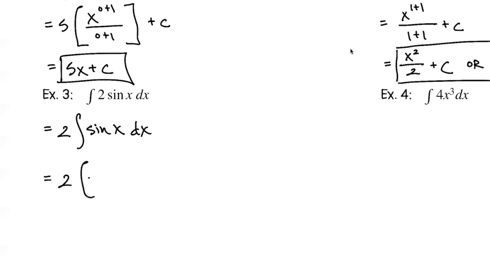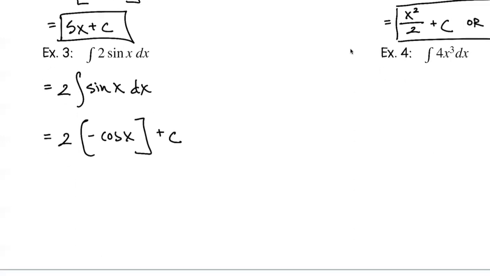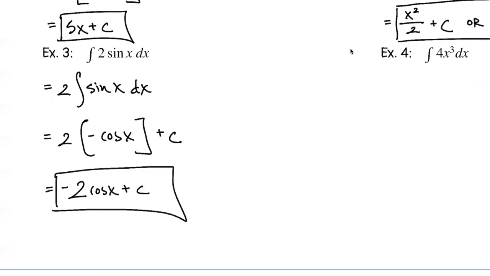Well, it came from negative cosine, took a derivative of negative cosine, and I end up with sine. Don't forget the plus c. And this we would definitely want to rewrite as negative 2 cosine x plus c. All right, so just bring that negative sign to the front. Otherwise, it might look like 2 minus cosine.